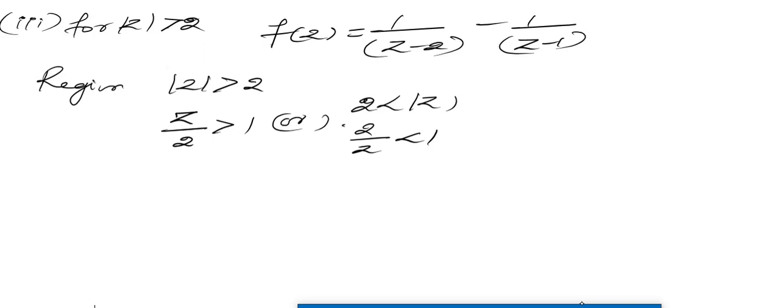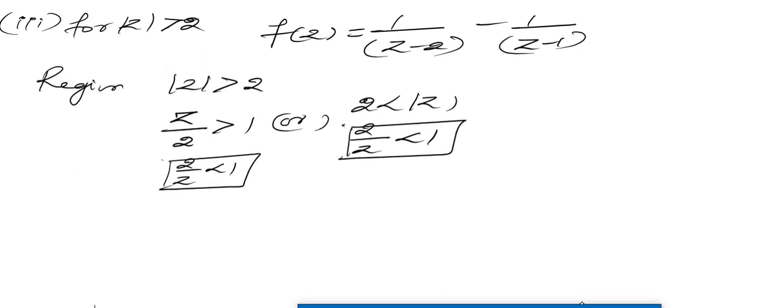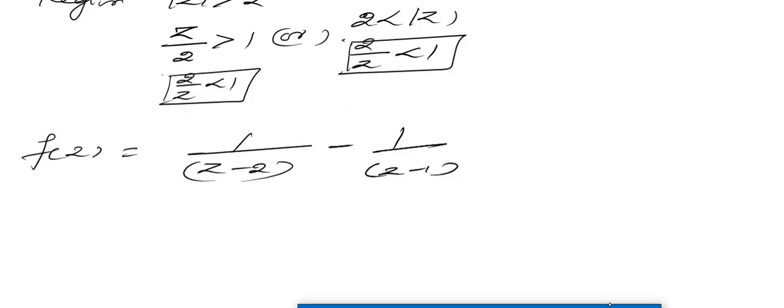Or you take the reciprocal, so it is 2 by z, and the inequality will change. Any one you can use. You have to make it clear that the given function should have a 2 by z term so that you can use the expansion here. So for that, it's very clear I need to have 2 by z.